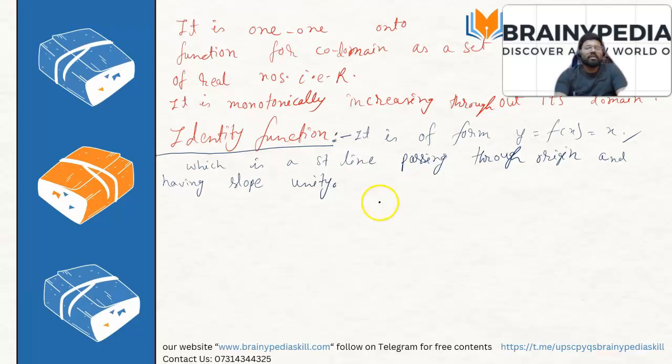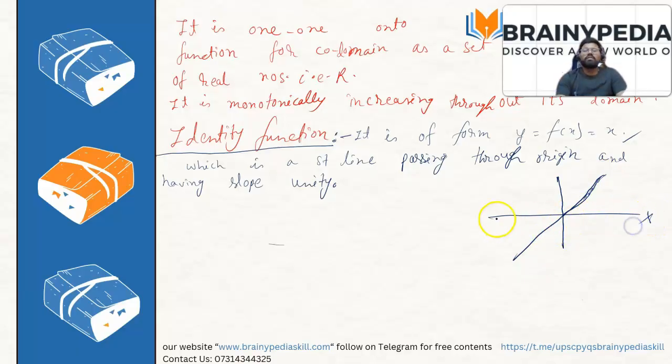understood? Now, next, how will the diagram or the graph look? So, a straight line passing through origin. Okay. So this is x dash, y dash, and the line passing through origin.